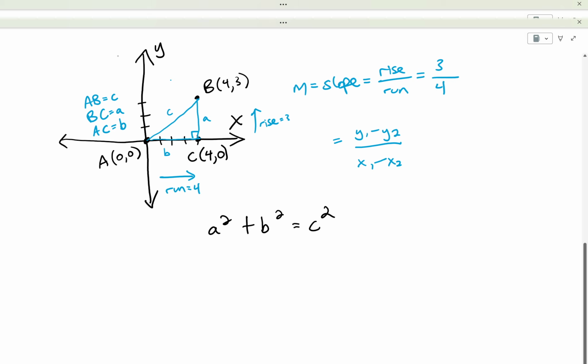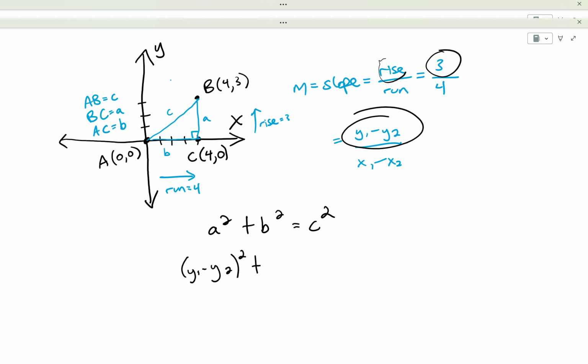The rise, 3, really corresponds to this algebraic expression y sub 1 minus y sub 2. So I'm going to come back here and replace a with y sub 1 minus y sub 2, and that's squared. I'm going to substitute a because this and this and this are all the same.